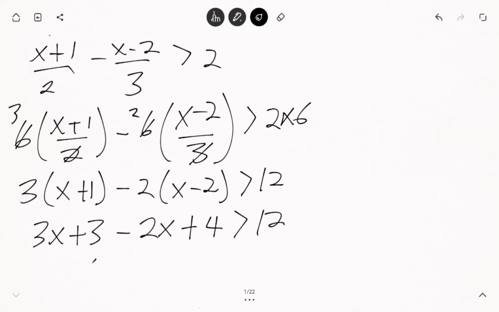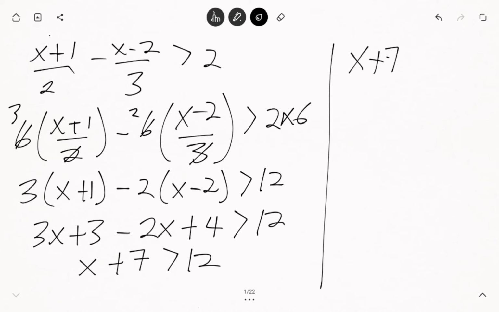So from here, we can see 3x and negative 2x will give us x. 3 and 4 will give us plus 7. So we have x plus 7 is greater than 12. Then we proceed. What we have to do here is move the 7 to the other side of the inequality sign.